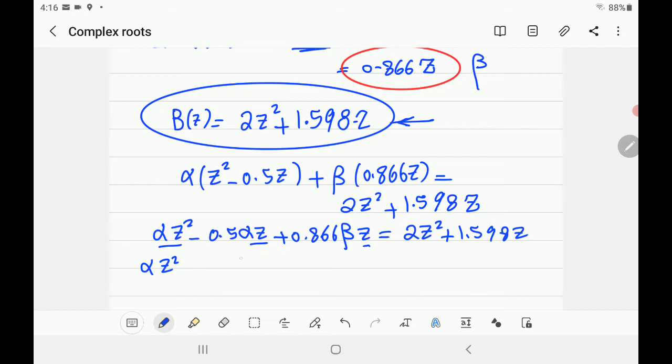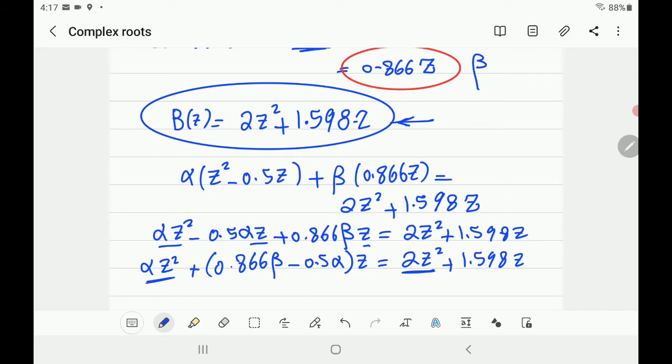Alpha z squared plus (0.866 beta minus 0.5 alpha), the whole times z, equals the other side, 2z squared plus 1.598z.